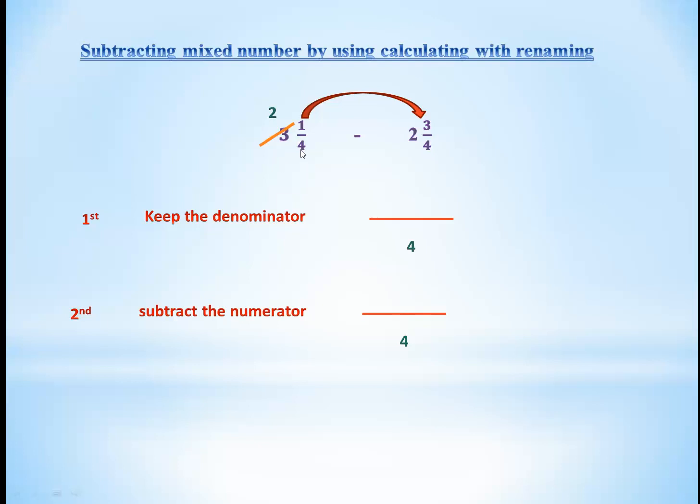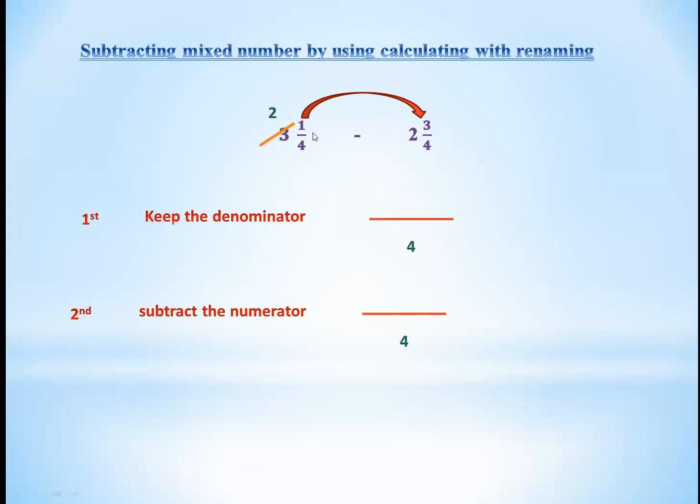And the 1 I took equals the denominator. Do you remember why? Do you remember in the previous example, when we decomposed 3 as a whole into 4 over 4 plus 4 over 4 plus 4 over 4, it means 1 from this equals 4 over 4, and we have here 1/4, so it will be 4/4 plus 1/4, it will be 5/4.